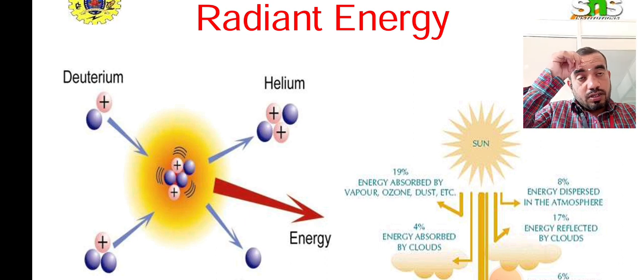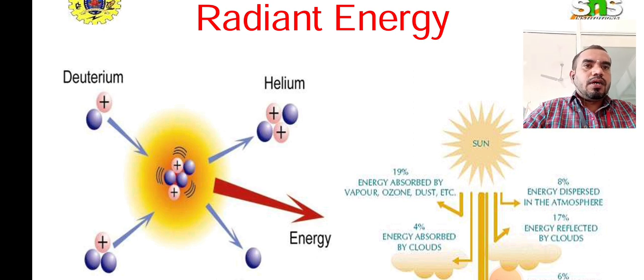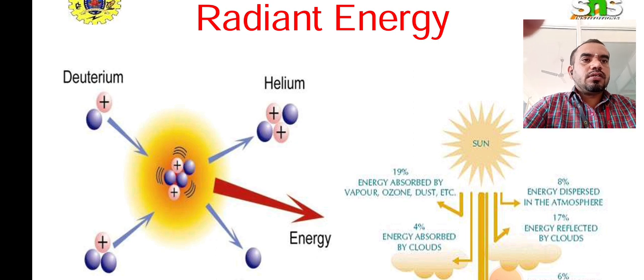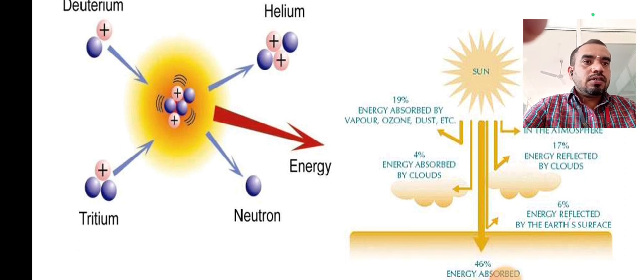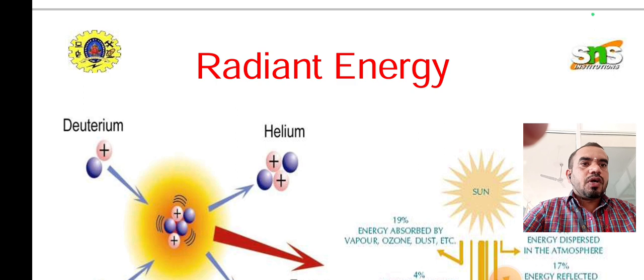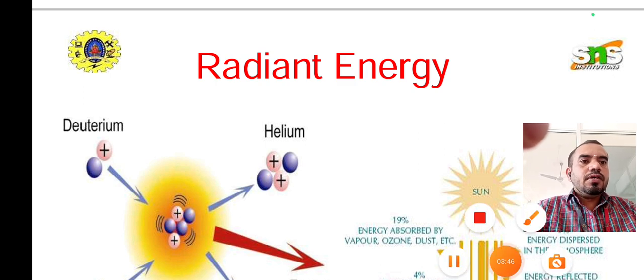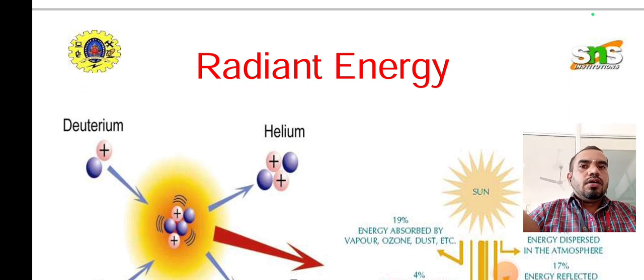We know what nuclear fission and fusion are. So 19% of the energy is absorbed by foreign materials, and 8% is dispersed in the atmosphere. Only 17% is reflected by the cloud, 4% is absorbed by the cloud, 6% is reflected by the earth's surface, and we totally get only 46% of energy, which is absorbed and can be used in the future.